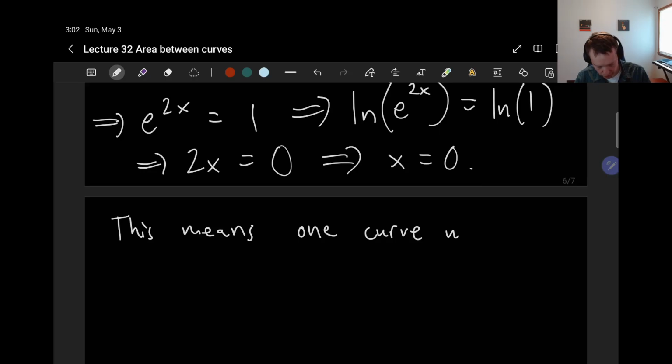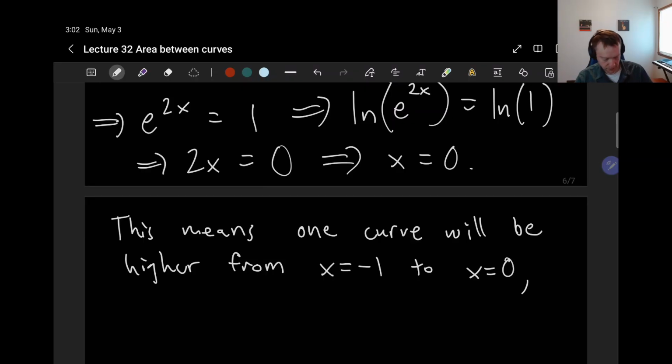This means that one curve will be higher from x equals -1 to x equals 0, but then they will likely switch.